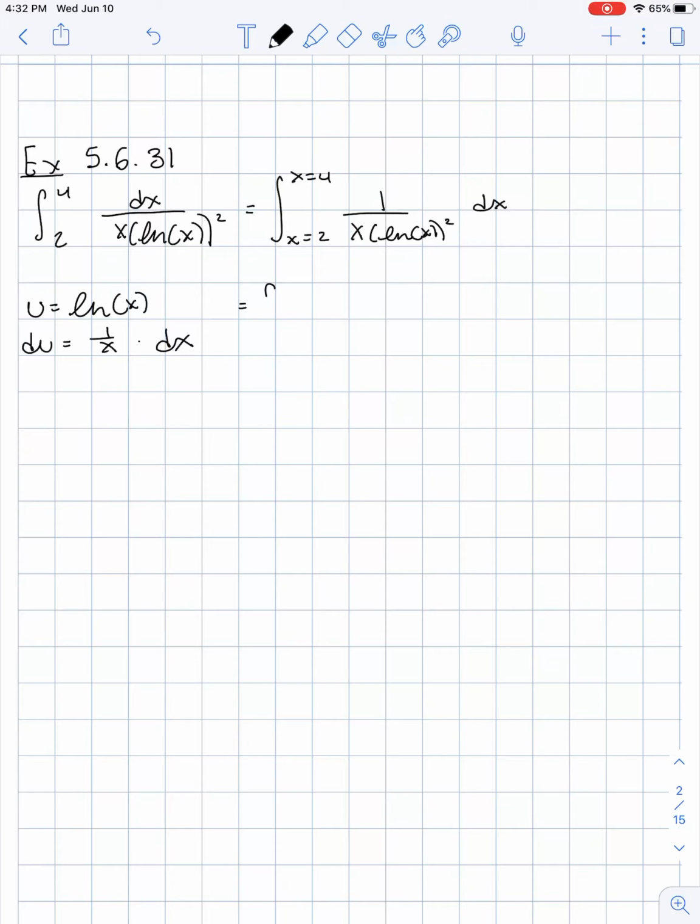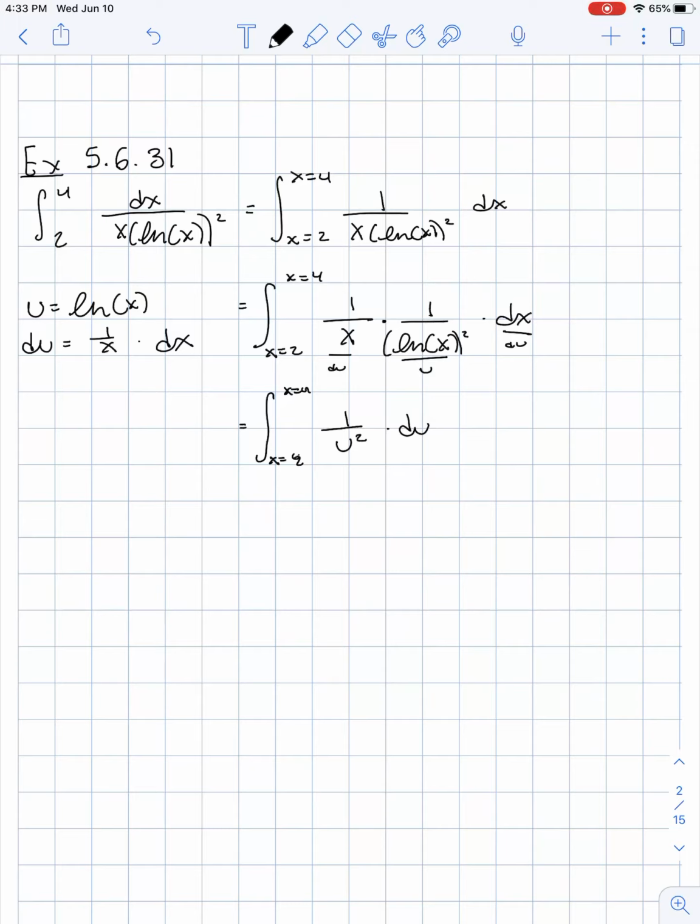So if I wanted to write this as 1 over x times 1 over ln of x squared dx, there's du, and u is right in here. So it's going to be 1 over u squared times du, right?